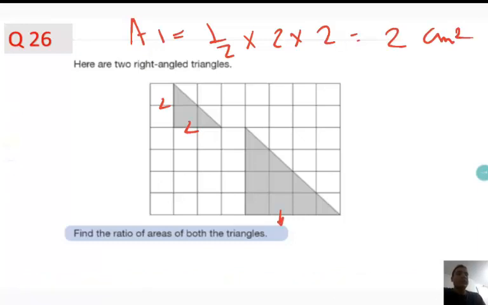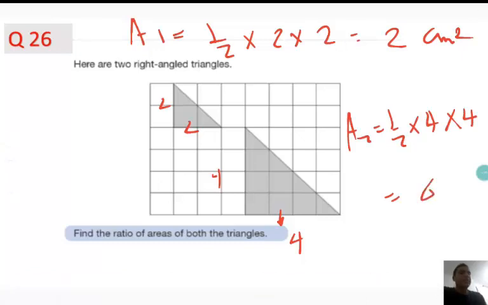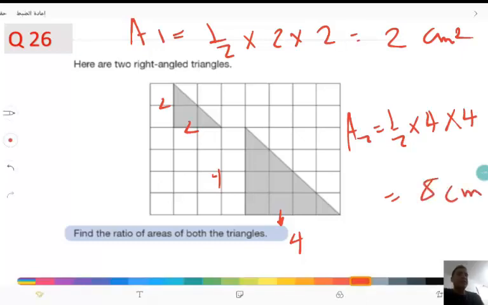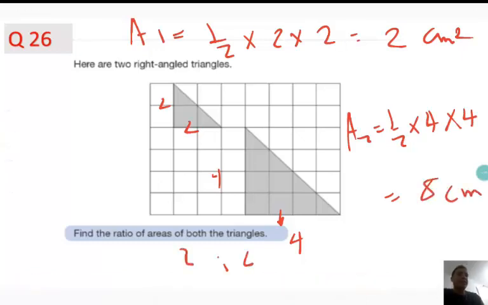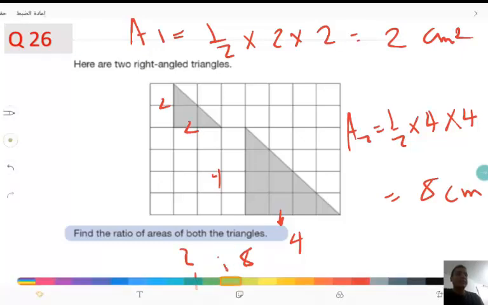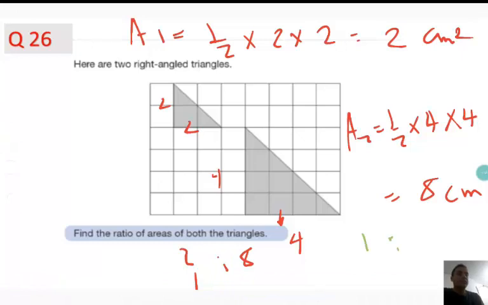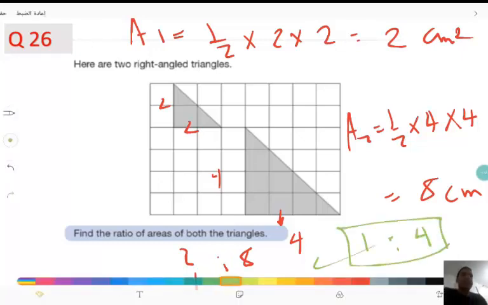For this one, the base is 4, the height is 4, so area 2 equals half times 4 times 4, which is 8 centimeters squared. So the ratio is 2 to 8, which is 1 to 4. That's it. Quarter.